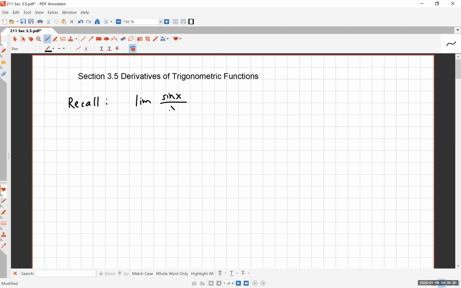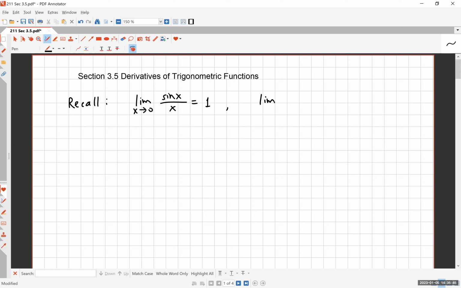The limit as x approaches 0 of sine x over x turns out to be 1. Back in chapter 2, we first found the answer by an XY chart, and later, using the squeeze theorem, or what I call the sandwich theorem, in my opinion a better name, we found that the limit was equal to 1.